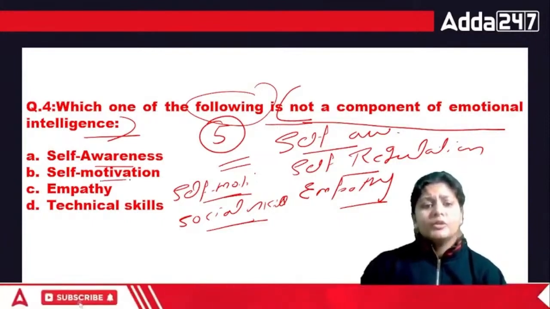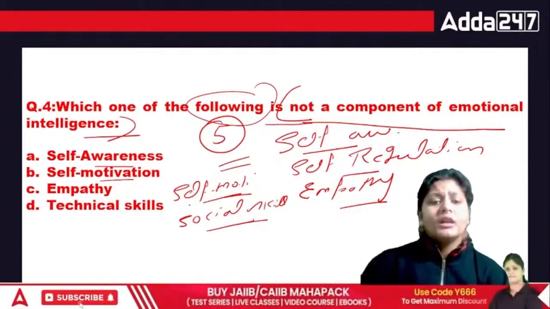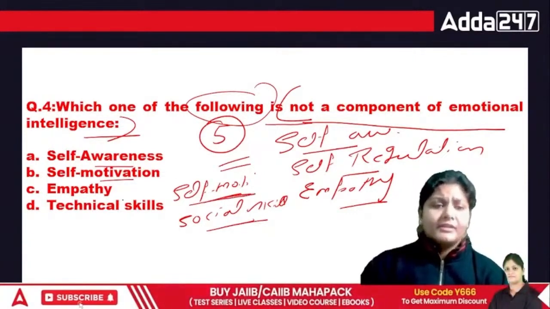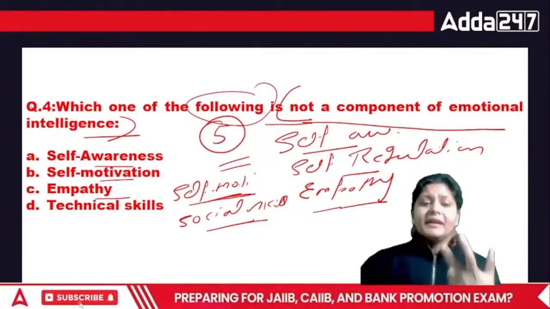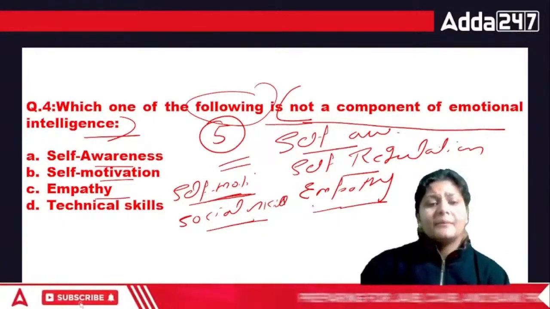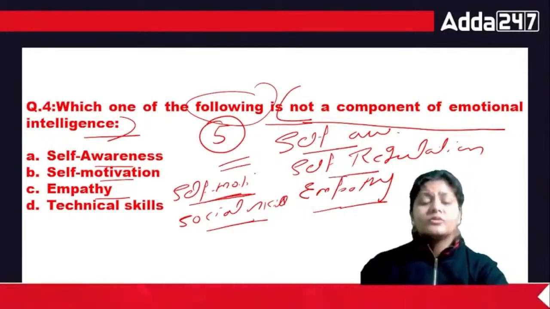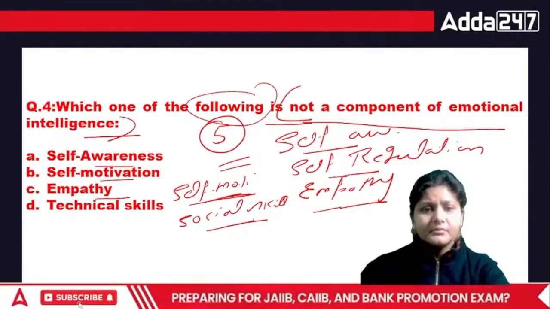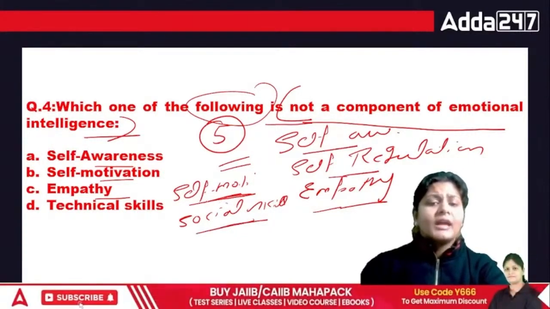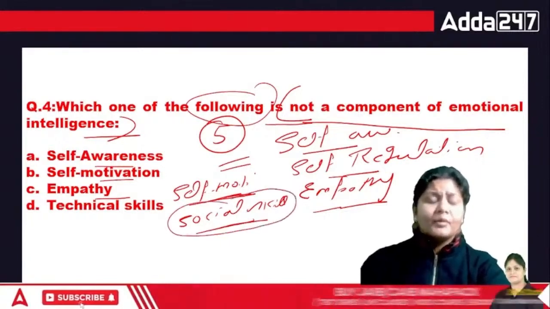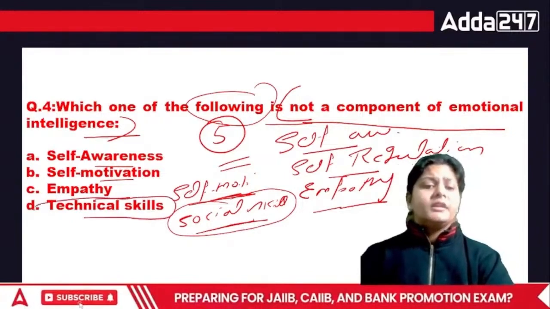Then we have self-motivation, that is all about motivating yourself. Then we have empathy. Empathy means you have the capability to change the mood of others. Then we have self-regulation, that means to regulate your own behavior. Then we have social skills, that means you have the capability to build rapport with others. So here technical skills is not a component of EI.